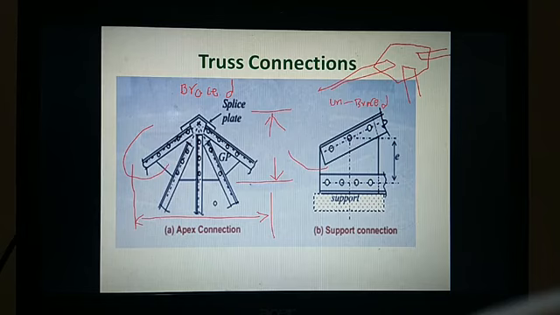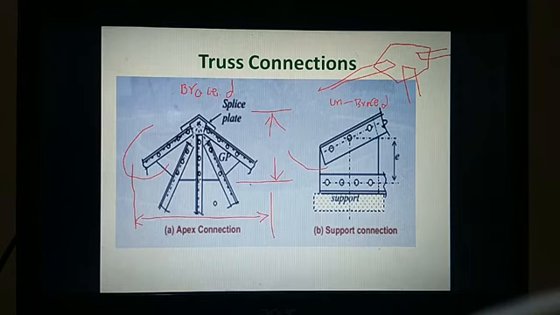How to choose a top chord or bottom chord section, sir? See, top chord and bottom chord sections we have to design, amma. While designing the roof truss member, I will let you know how to design the top chord and bottom chord member, because they are designed based on their internal forces only.